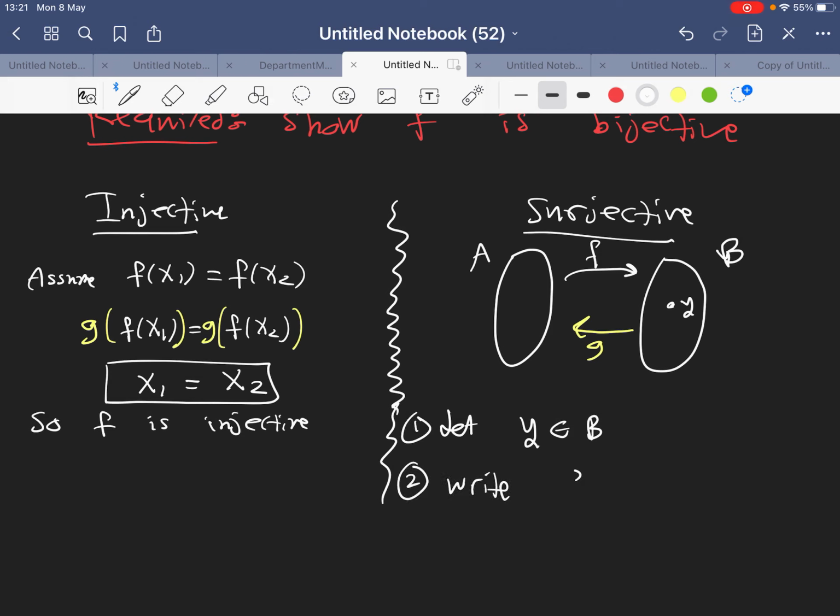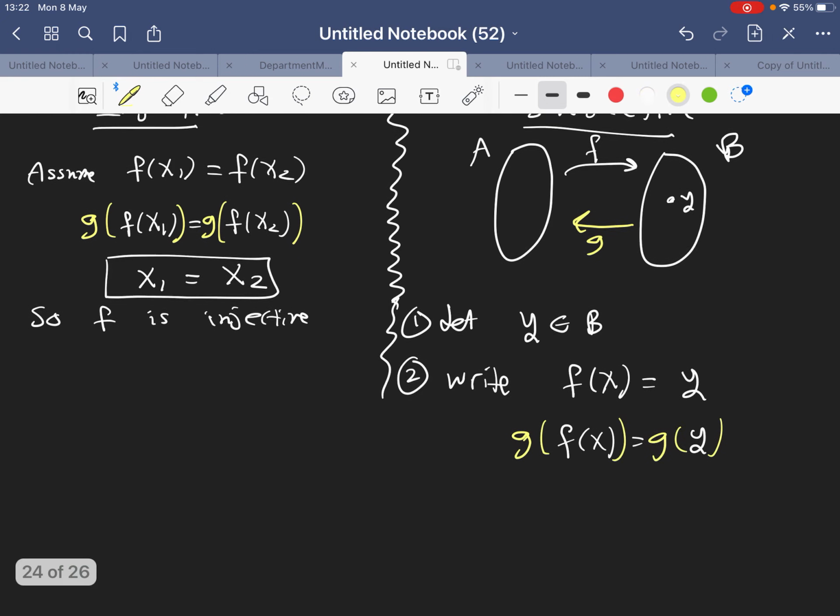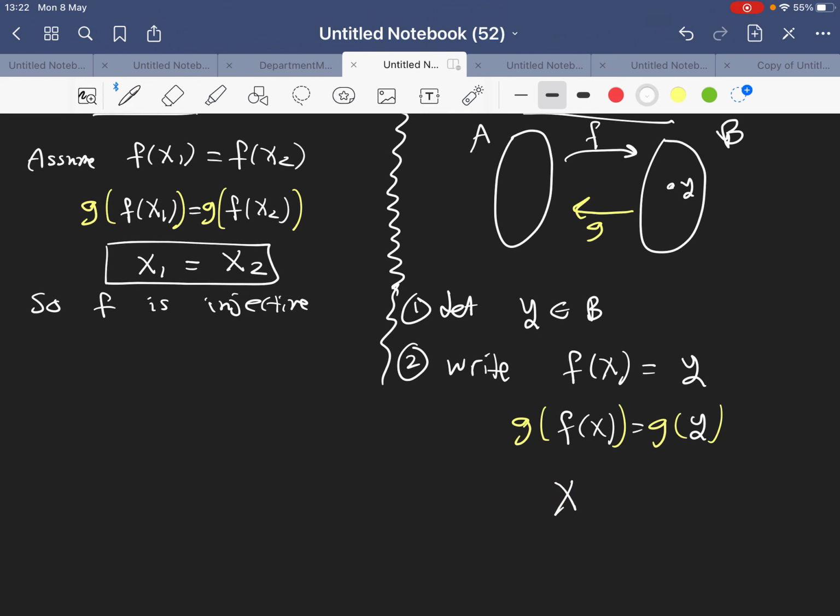Next step, we write f of x equals y. And now we need to isolate the x. We need to get the x alone on one side. So the only idea I have is to do the same as I did before: just apply g to both sides, that will free the x. So I will get x equals g of y.